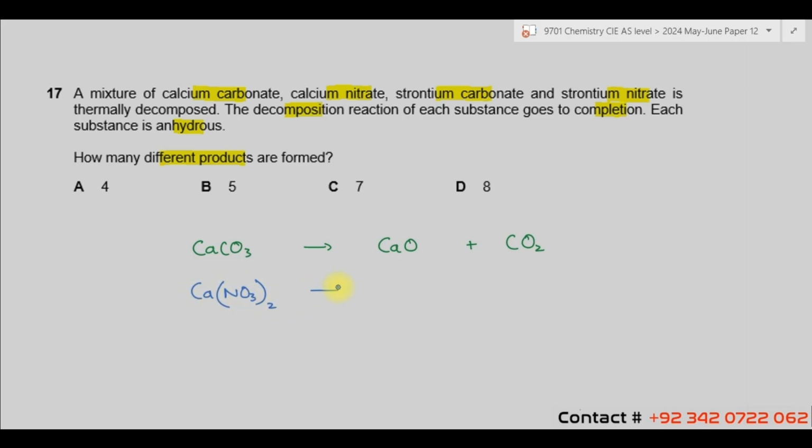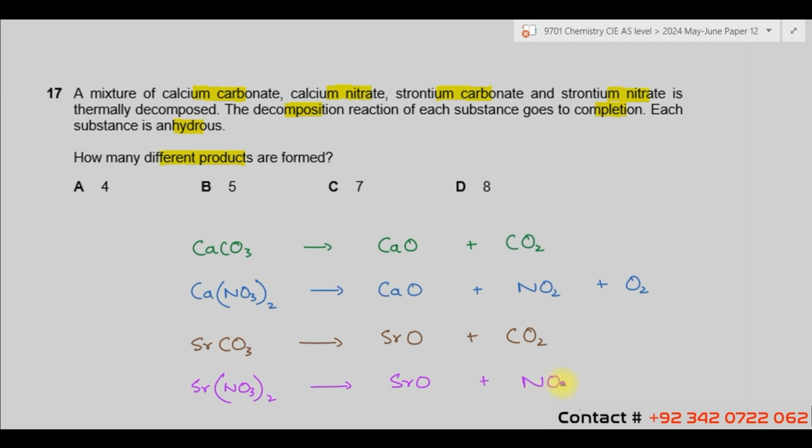Nitrate decomposes to form oxide, nitrogen dioxide gas, and oxygen gas. Then we have strontium carbonate, SrCO3, giving strontium oxide and CO2. Then we have strontium nitrate, Sr(NO3)2, which decomposes to form strontium oxide, nitrogen dioxide, and oxygen gas.